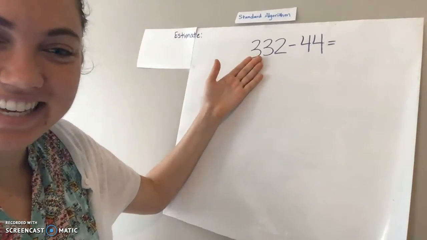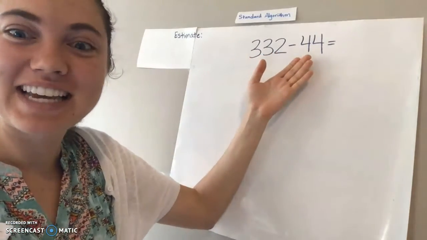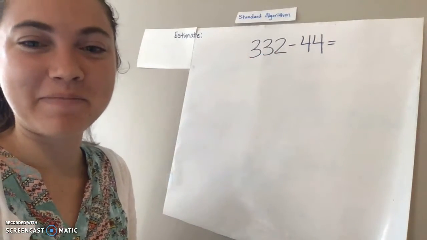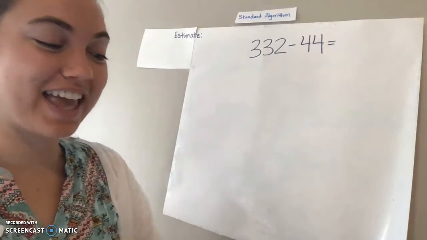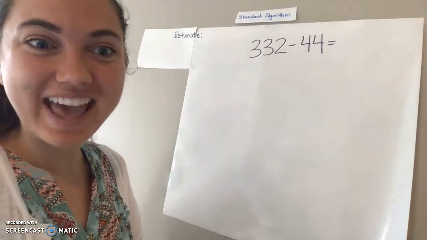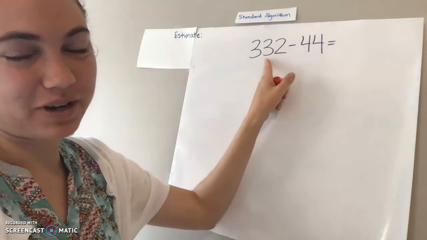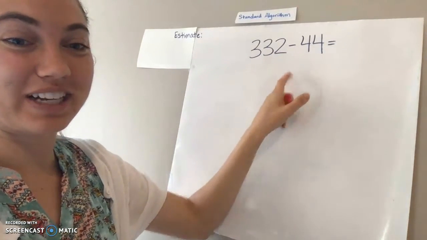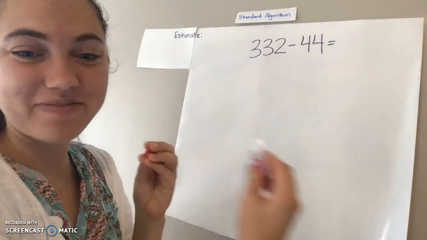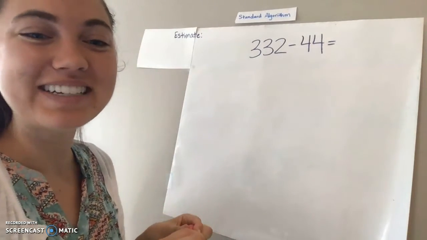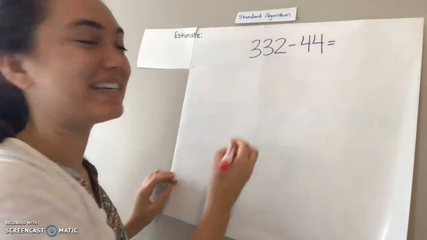Today, we are going to take a look at another multi-digit subtraction problem. So let's take a look at the place values we have. Well, first off, when we are subtracting, we know that this number that we are going to take away from is called our minuend.